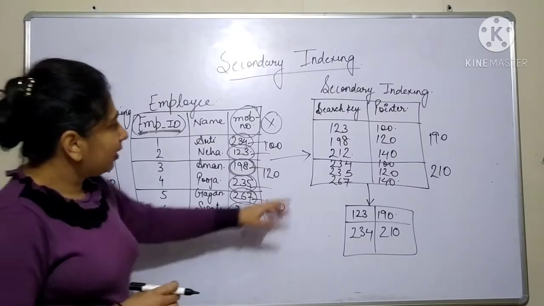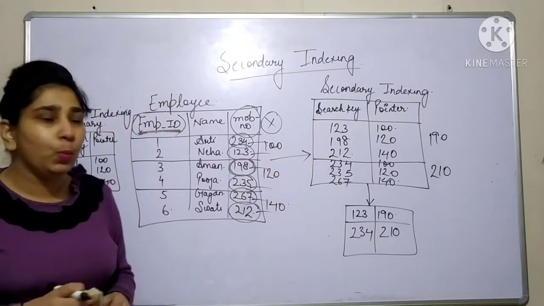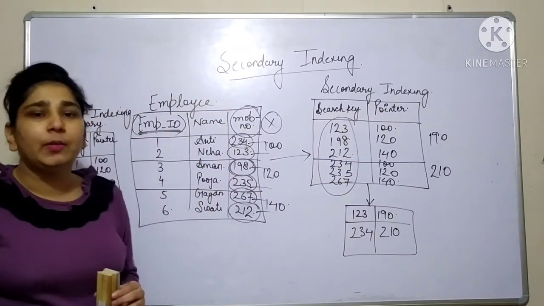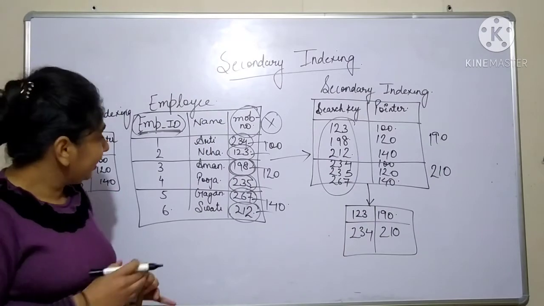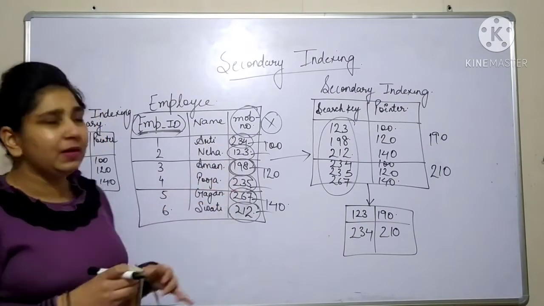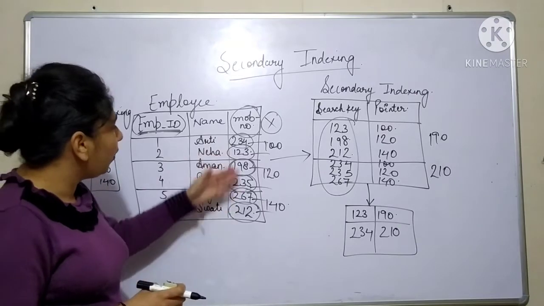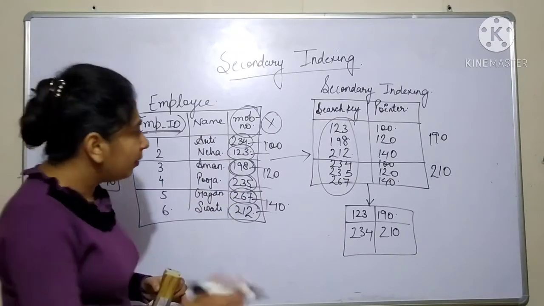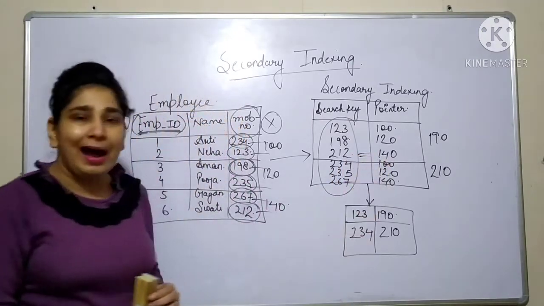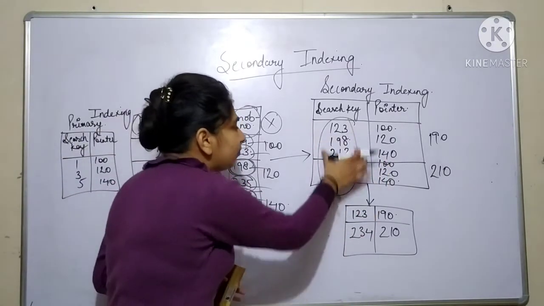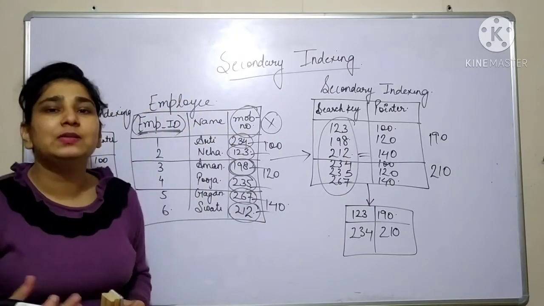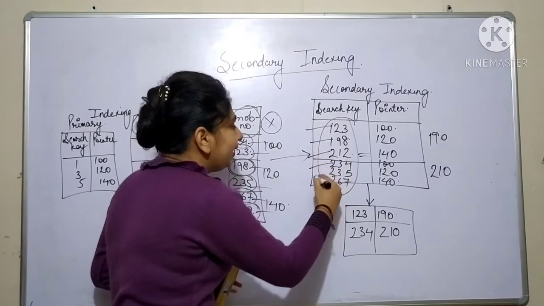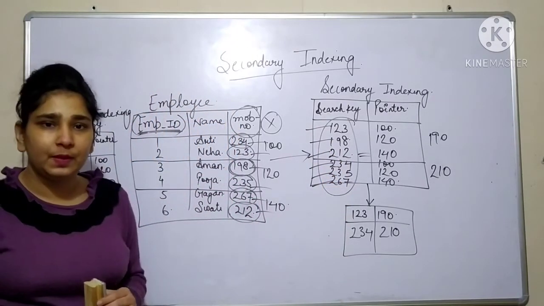In this secondary indexing, I am storing all these mobile numbers. In this table they are kept randomly, with no sequence, either ascending or descending. But in this other table, I am keeping all the mobile numbers in one particular sequence, in ascending order.